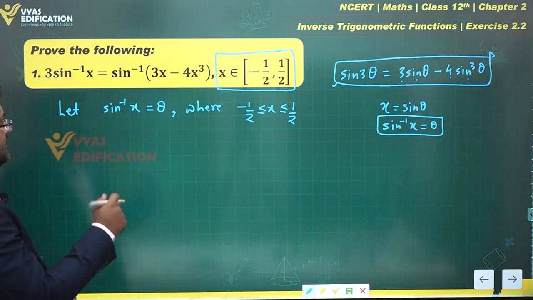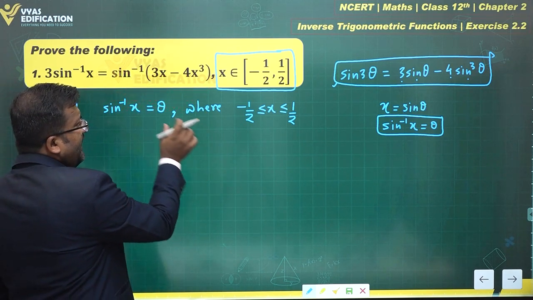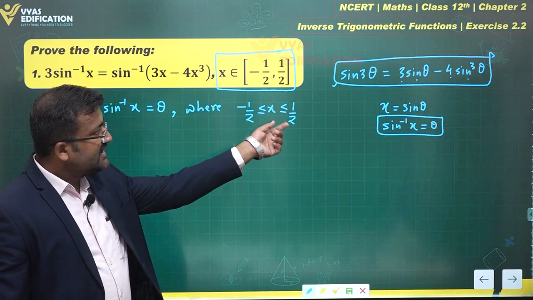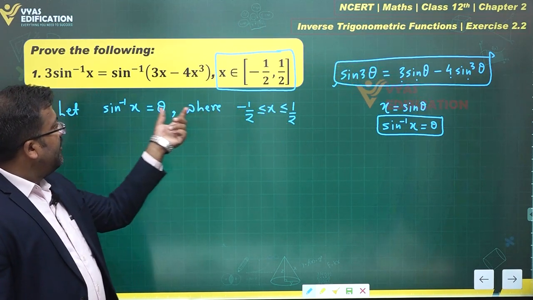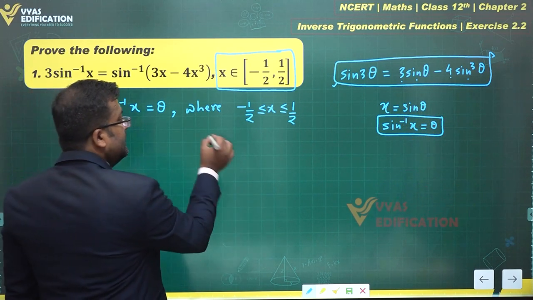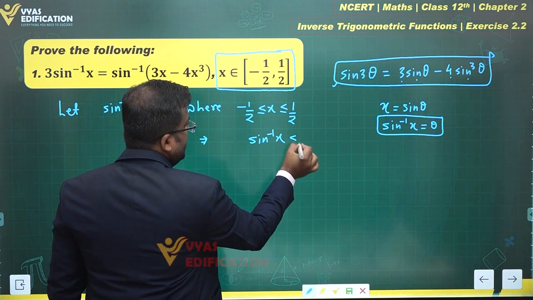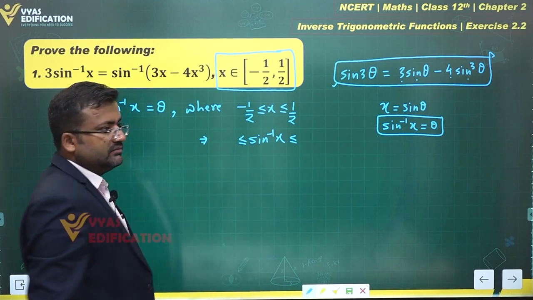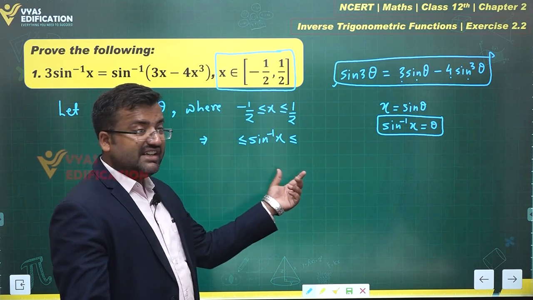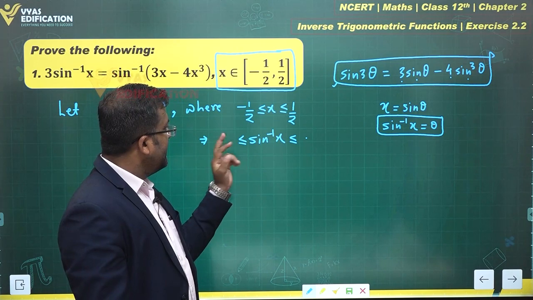Benefit of this, let's observe. Once this is known, can you also guess the values of theta from here? Where minus 1 by 2 is less than or equal to x is less than or equal to 1 by 2, what can you comment about the values of sine inverse x? Sine inverse x is an increasing function, therefore sine inverse 1 by 2 will come over here and sine inverse minus 1 by 2 will come over here.